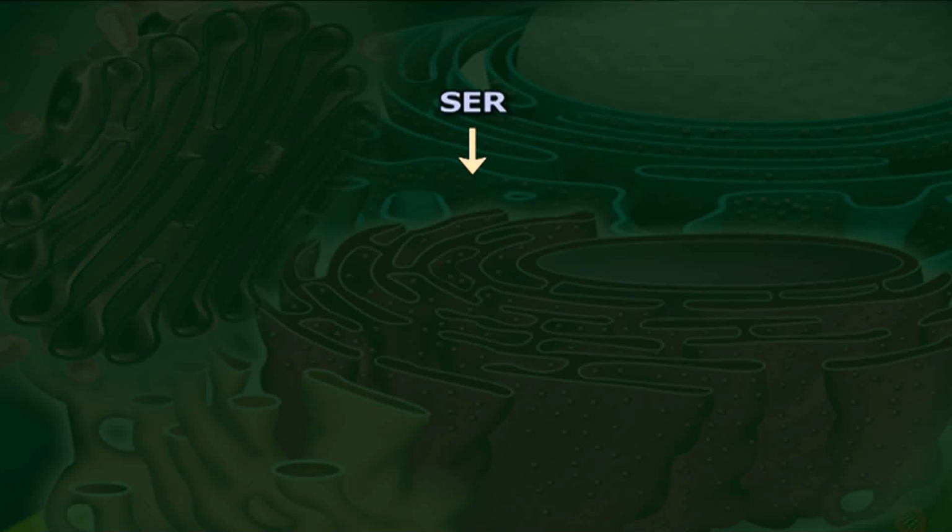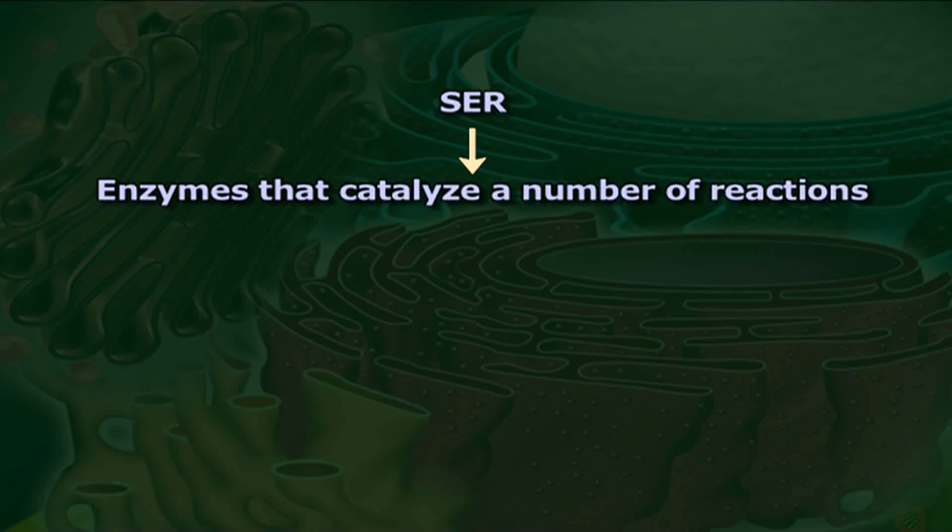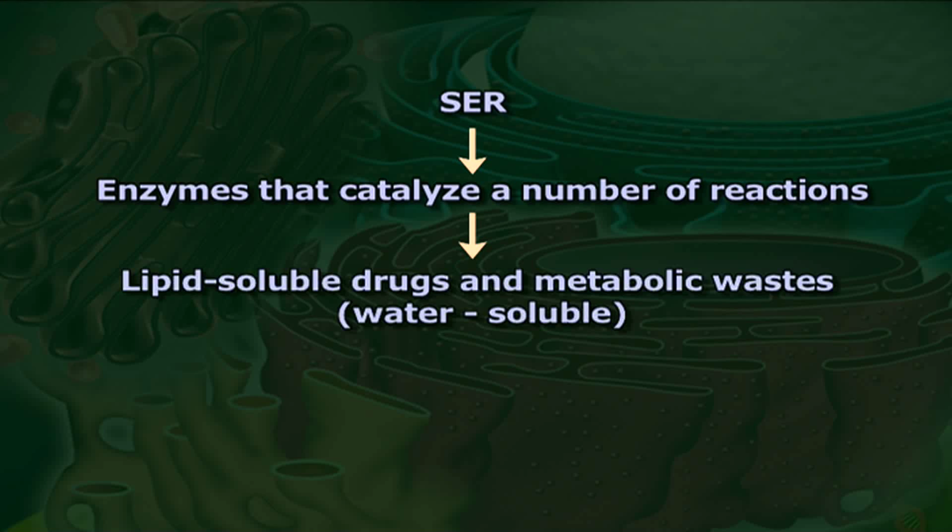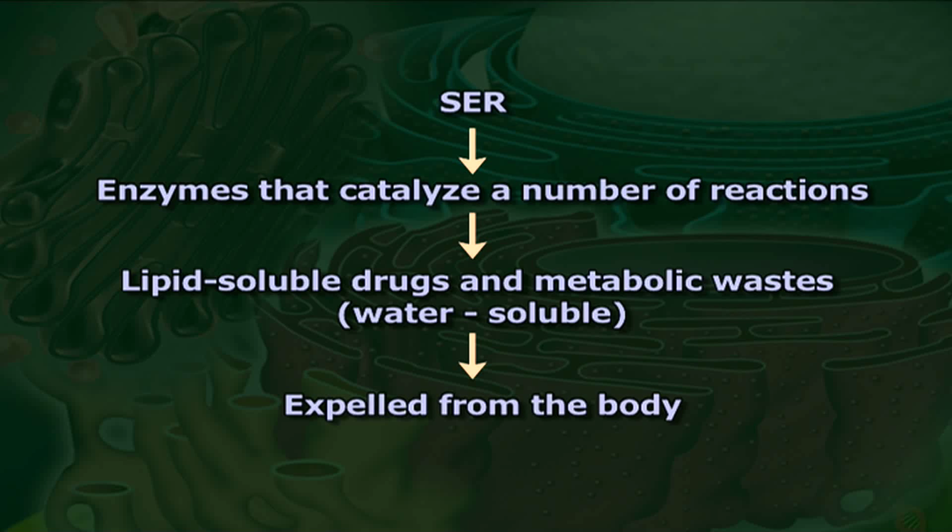Drug detoxification as well as detoxification of wastes generated in metabolic processes takes place in SER present in the liver cells. It contains enzymes that catalyze a number of reactions that can make lipid soluble drugs and metabolic wastes water soluble so that they can be easily expelled from the body.